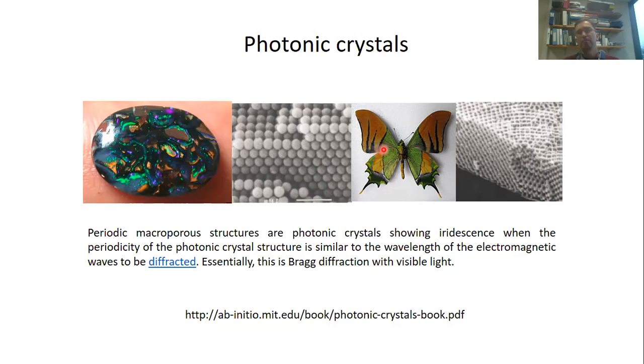So in a butterfly wing, we actually do not have actual pigments, but we have proteins that are folded into a periodic macroporous array. Okay, so you see here an SEM image of a butterfly wing, and you see clearly that this is a porous structure, and the pores are in the macropore size range.